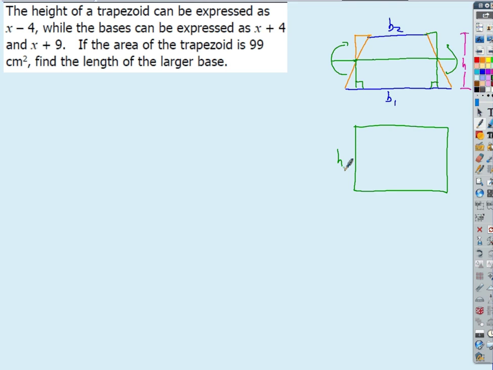Everybody see that? Because the length of this segment right here, I've got to pick a different color, the length of the purple segment, which is going to be the length of the rectangle, doesn't that have to be the average of the bases? It's halfway in between, isn't it? Okay, how could we prove that? Well, if I look at the entire length of the bottom base and the entire length of the top base, when all is said and done, I'm going to have the same total amount of length invested in the top and bottom sides of the rectangle.